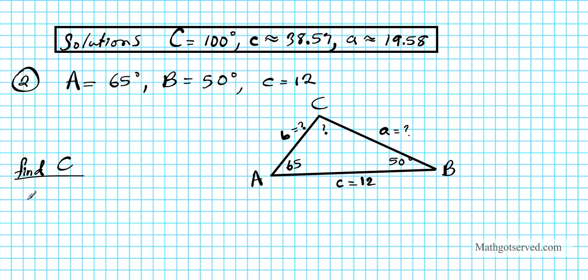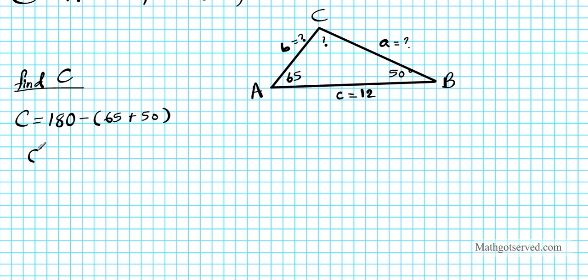So to find big C, we know that the sum of angles equals 180, so C is simply 180 minus the sum of the other two, which is 65 plus 50. Okay, and then when we do the arithmetic, we'll have C equals 180 minus 115.